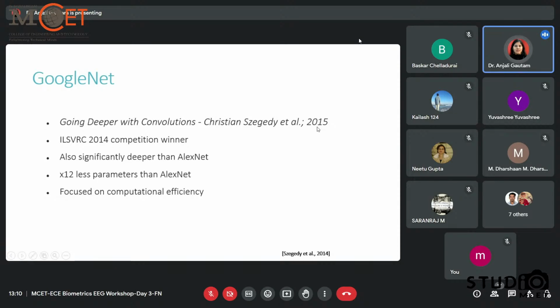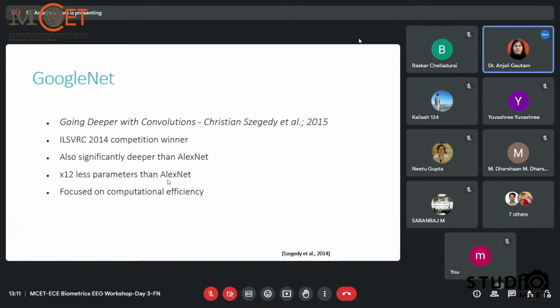They participated in the same competition where the VGG people participated, and this GoogLeNet won that competition. It was the first, the winner. It has 12 times fewer parameters than AlexNet. So AlexNet, we know, had 60 million parameters, and VGG 16 has 140 million parameters.